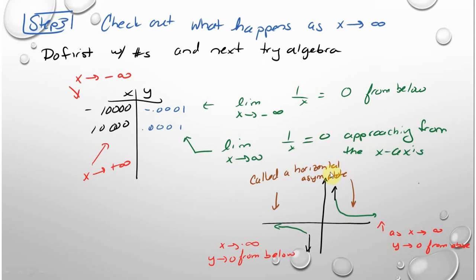Now, one thing is when you get the other pieces in place, sometimes my students would get these numbers wrong or make a minus sign error here, and so they'll get that it's going to heaven from above and then it's going to 0 from below. Well, that doesn't make sense, does it? It would have to go to heaven and then go down and then go like this. It can do that, but it starts to look really weird. There's a picture in one of your problems where it does something funky like that.